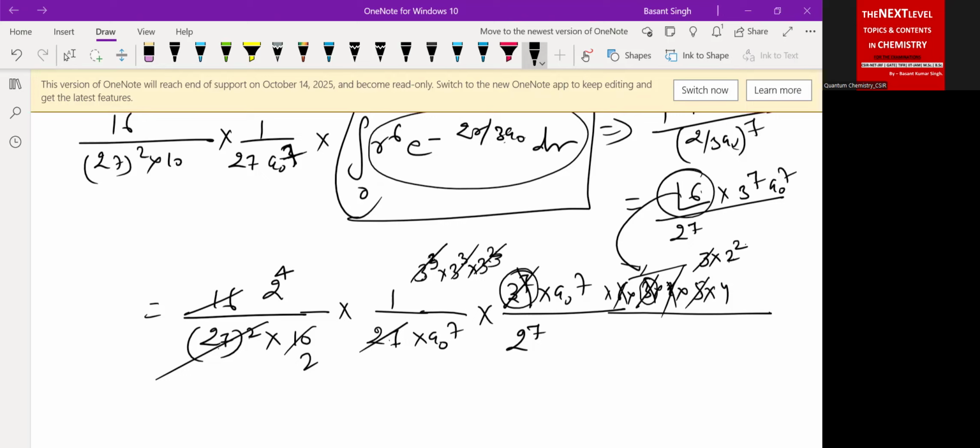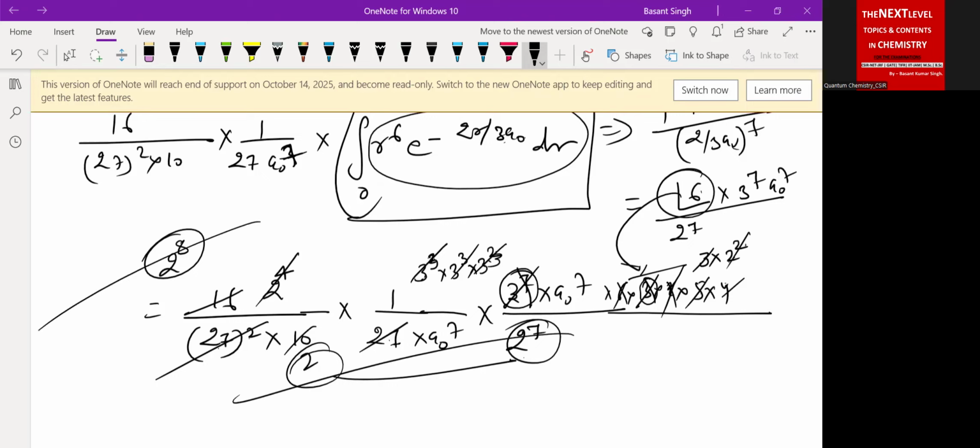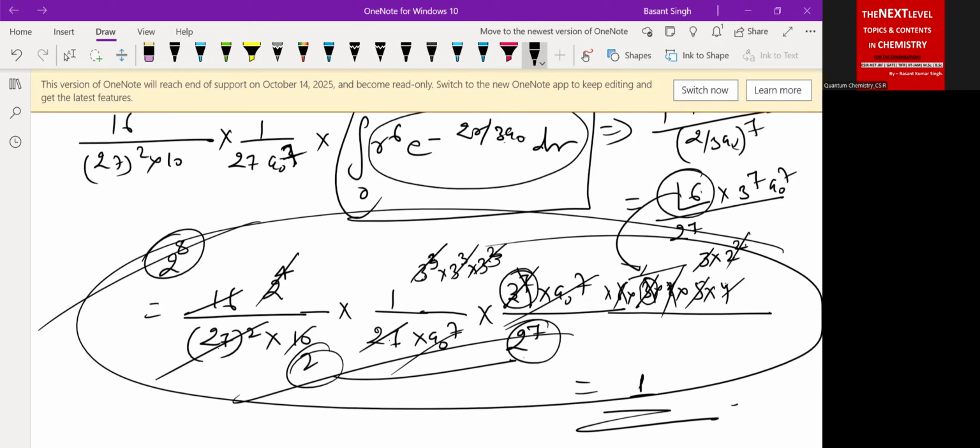So this becomes 2 to the power 4, 2 to the power 2, 2 to the power 4, 4, 8. So 2 to the power 8, total 2 to the power 8 here, and this is also 2 to the power 8. So by cancel out all things, it becomes 1. You can verify this.